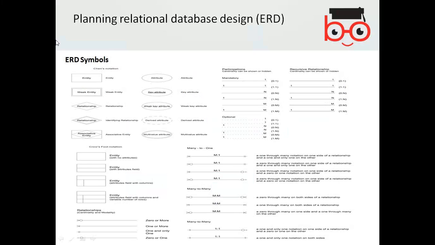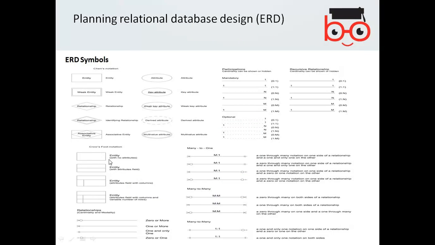There are certain symbols related to the planning of entity relationship diagrams. The rectangle represents the entity, the double rectangle is a weak entity, the diamond shows the relationship, and the double diamond is the identifying relationship.